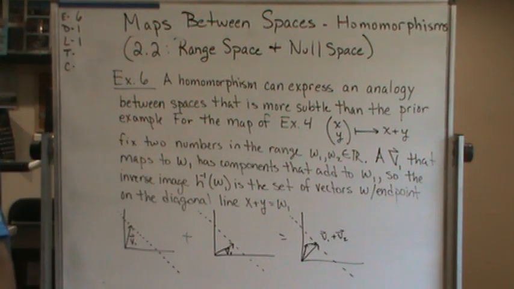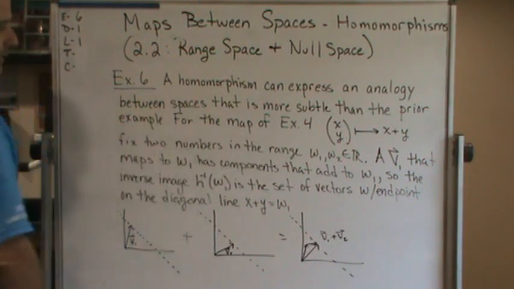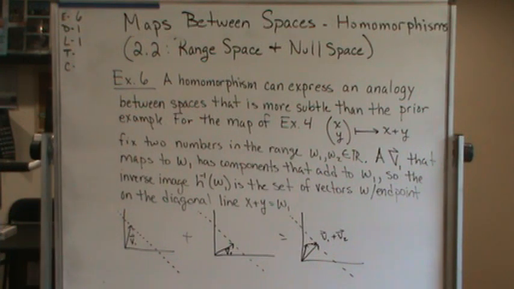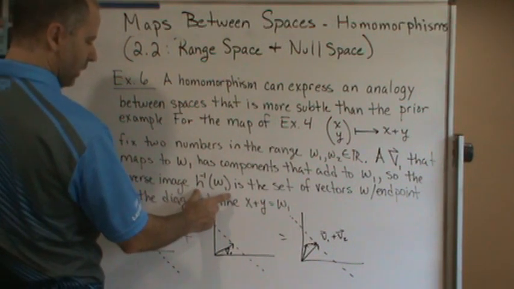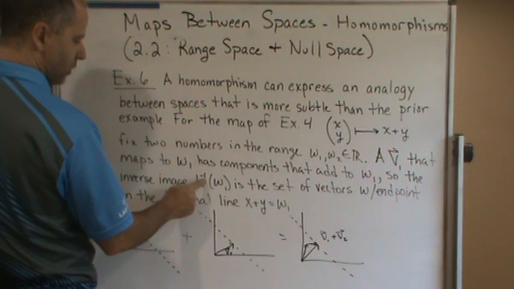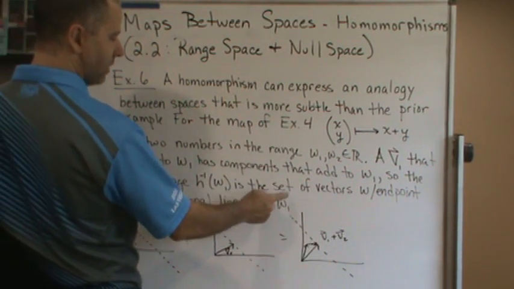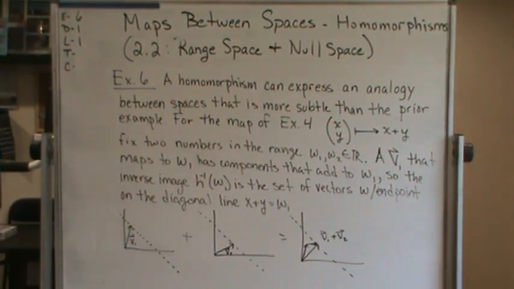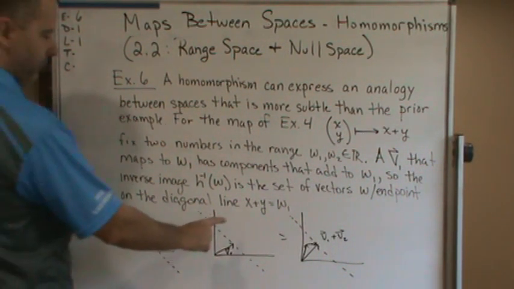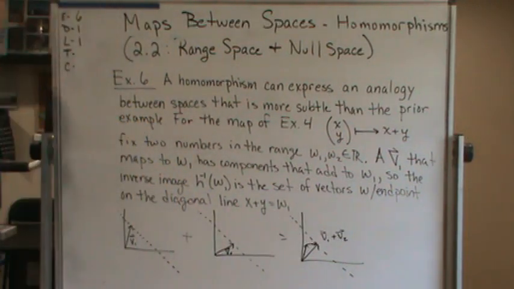But not only that, it has components that will add to W1, so that if we look at the inverse image, remember the inverse image, H inverse of W1, what we get is the set of all the vectors with endpoints on the diagonal of x plus y equals W1. We sort of saw that before in the last video when I drew it out.